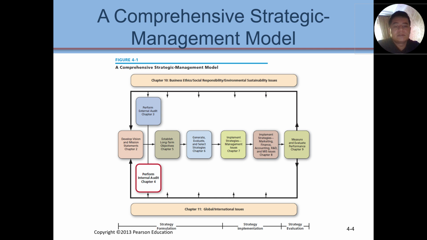After that, you need to have an internal and external analysis, and implement strategies: management issues, which are covered in chapter 7, and marketing, finance, accounting, R&D, and MIS issues, which are covered in chapter 8. Then measure and evaluate performance, and perform the internal audit and the external audit. So today we are going to cover the internal audit, I mean the internal assessment.